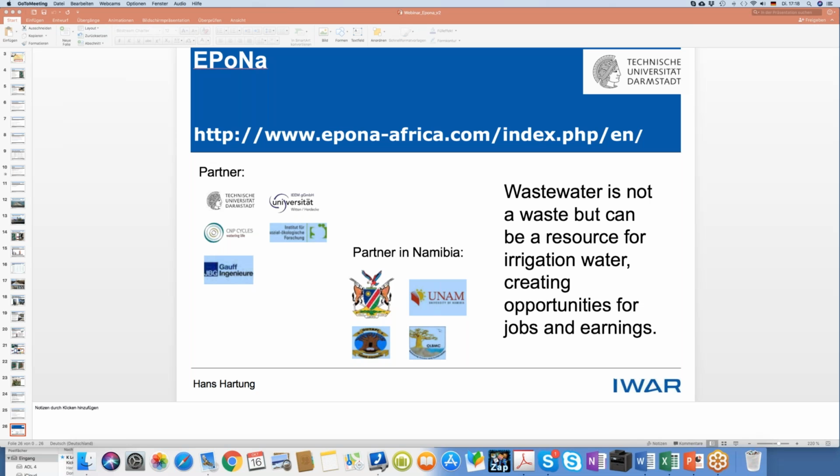There are a few other towns around the world, but this is one of the famous projects where wastewater is treated on such a high level that it's used for drinking water, partly 33% at the moment, and as it looks, they will probably have to increase it in the future up to 50%. Okay. Thank you very much.